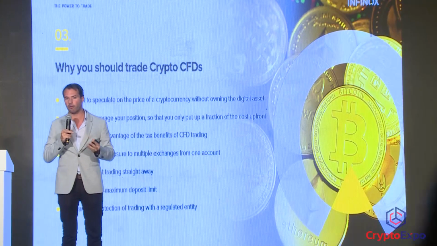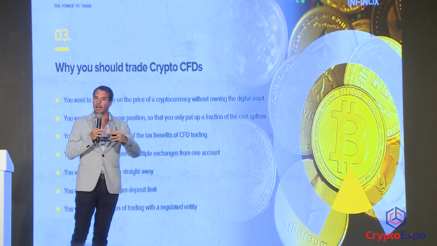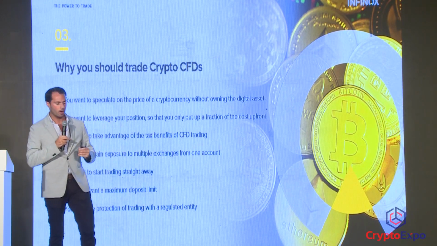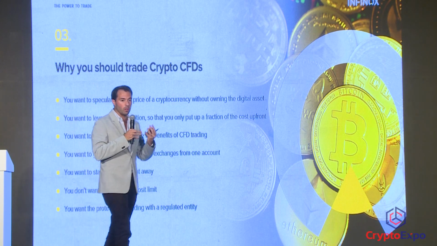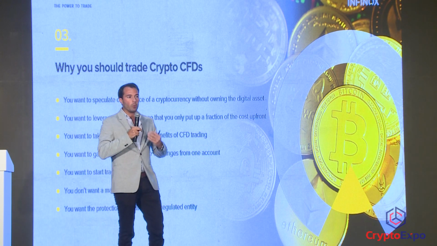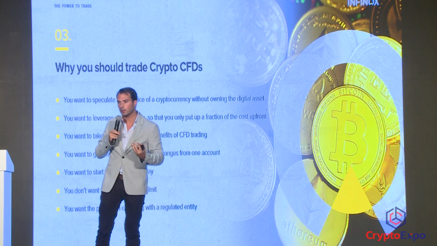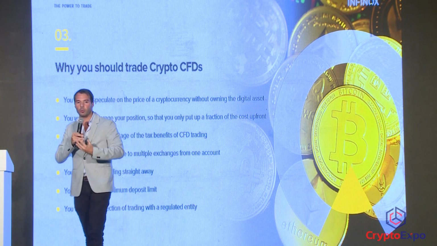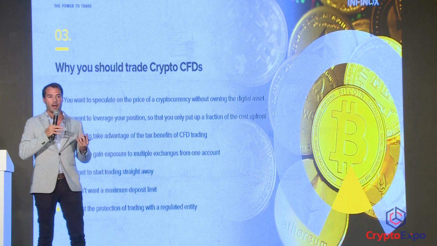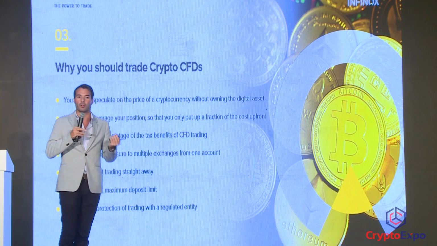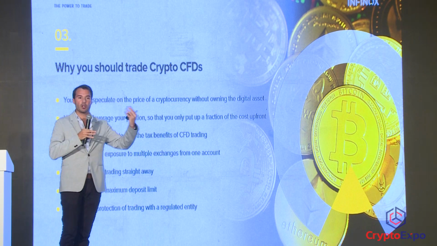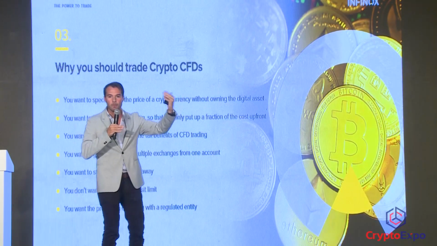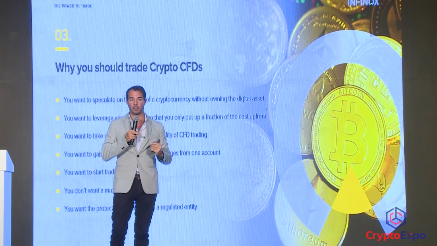Usually the leverage is 1 to 20, at least with Infinox. If you want to trade crypto assets, you can do it with a leverage of 1 to 20, which means that if I want to buy $20,000 of Bitcoin, I actually just need to have $1,000 because I'm trading on margin. I'm amplifying the exposure that I have to the market.